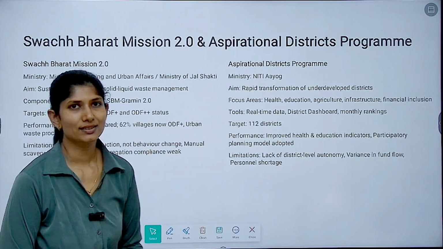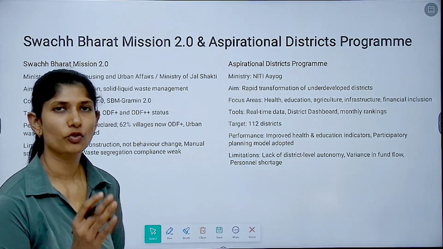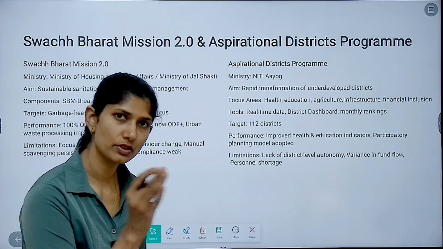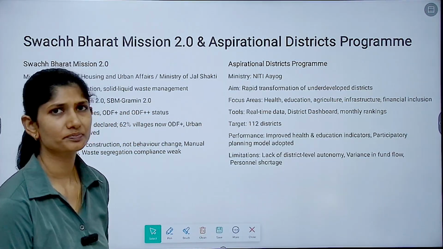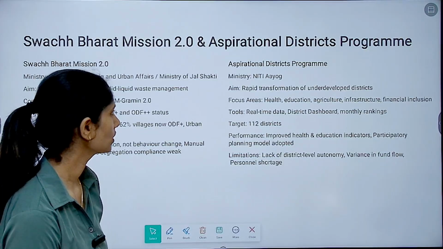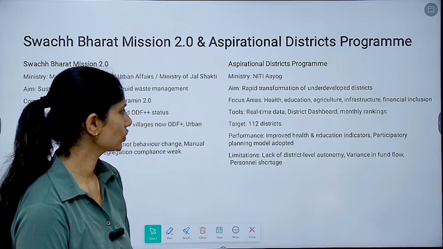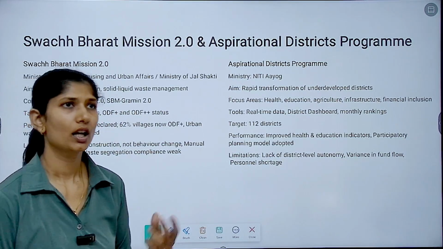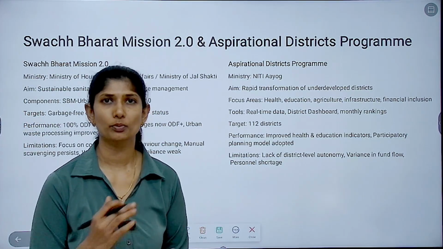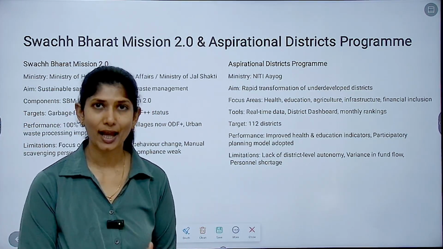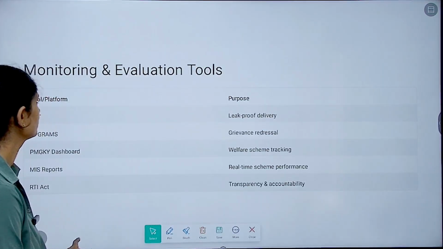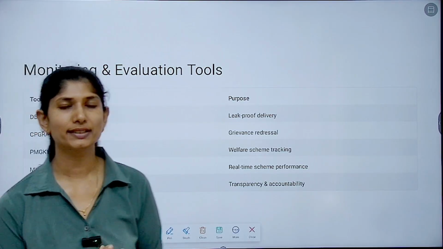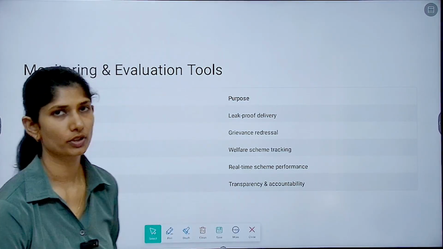As of now, it is a targeted program, which means it focuses not on everyone, but just 112 districts under this. This is an initiative of your NITI Aayog. One of the issues that we find is with respect to funding, with respect to implementation, and gaps in monitoring. How can we monitor and evaluate the tools which we use?